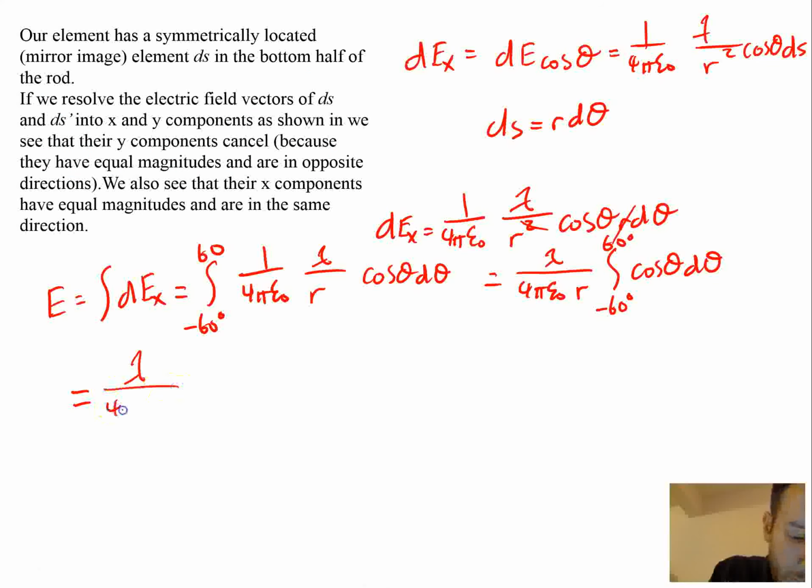This is all equal to lambda over 4 pi epsilon naught r, and the integral of cosine theta is just sine theta, so you get sine theta between negative 60 degrees and 60 degrees.